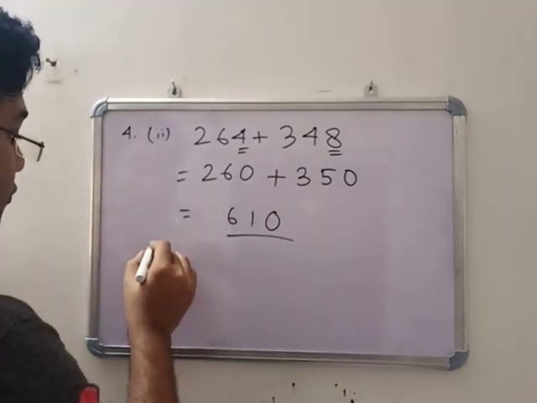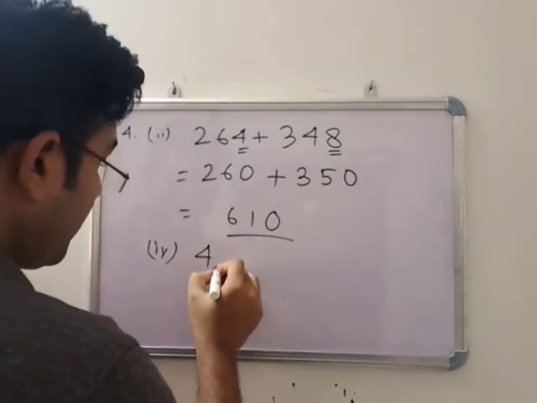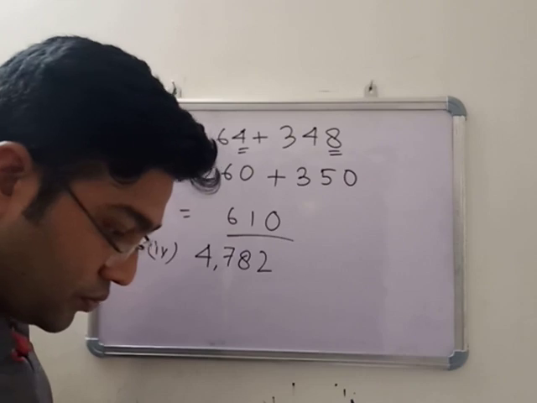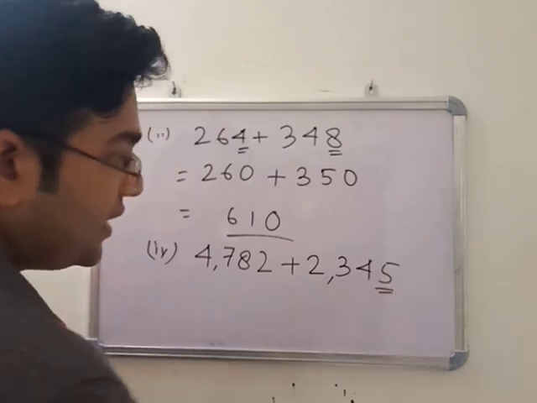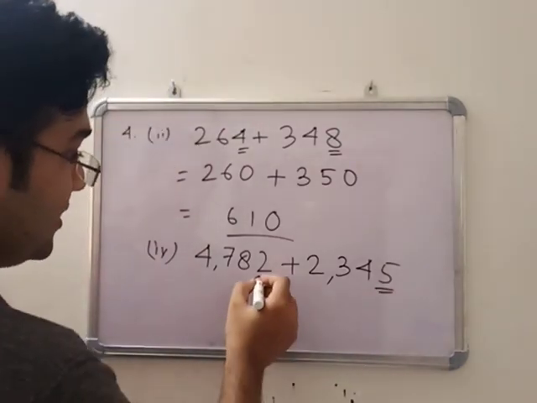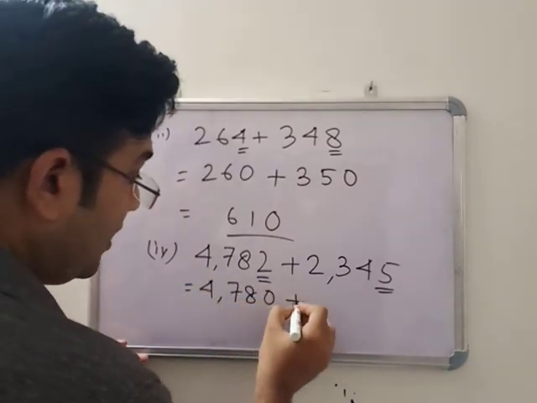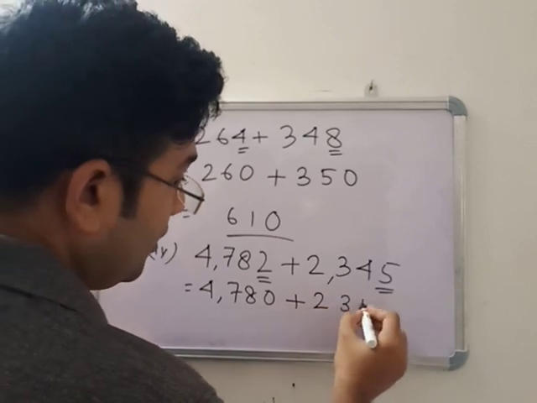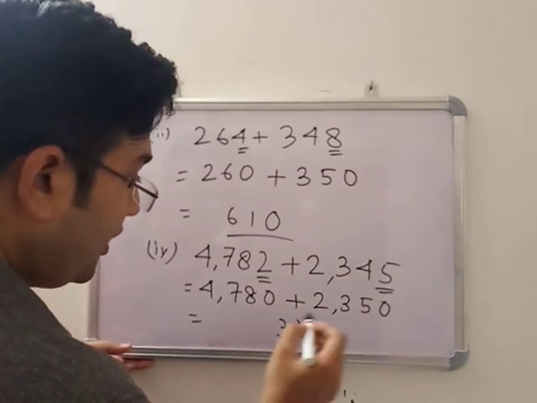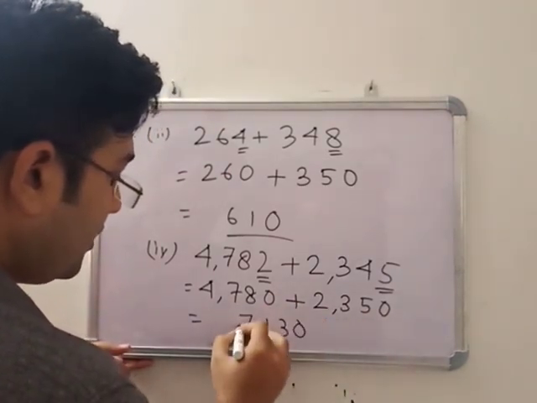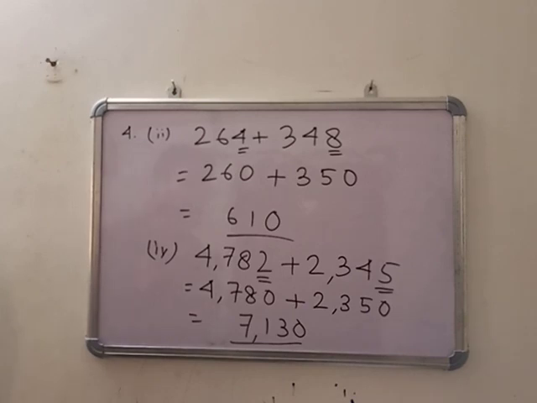Okay, and number 4, 4782 plus 2345. The last number here is 5, and the last number here is 2. That means here 4780 and here 2350. So this is 7130. This is the answer. Note it down all of you.